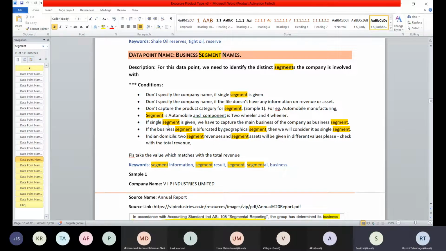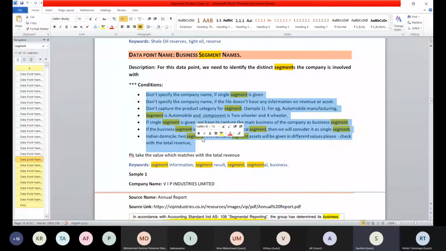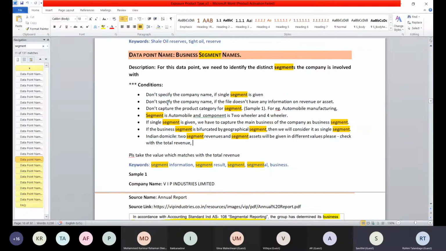Now there are some conditions for this data point. If they say the company has a single segment, in that case you should not mark the company name as the business segment name.